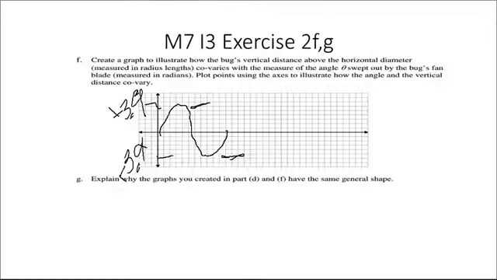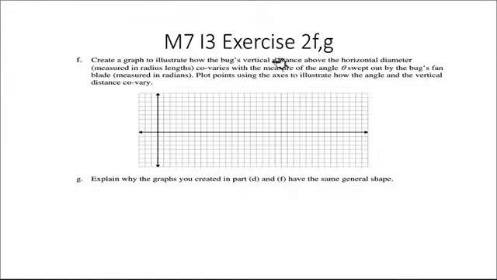So if we wanted to make a generalization whereby we model this vertical distance above the horizontal diameter measured in radius lengths, and talked about how that co-varies as theta is increased from the 3 o'clock position, well, we could generalize and say, okay, that's just going to correspond to a graph where our maximum height achievable and minimum height achievable, of course, are one radius length.